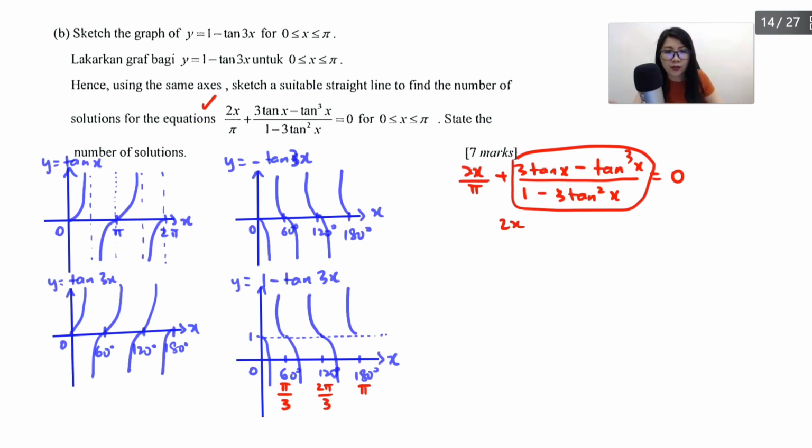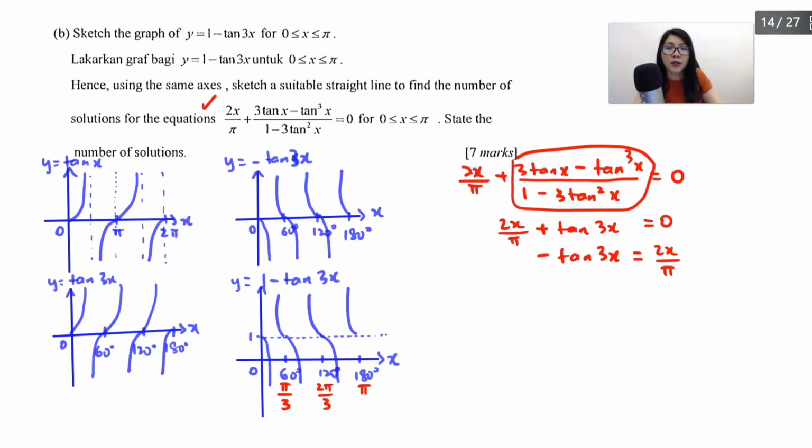So it will be 2x over pi plus tangent 3x equals 0. Okay, and then we need to get negative tangent 3x. So tangent 3x, we move to the right hand side, it becomes negative tangent 3x. Okay, so equals 2x over pi.